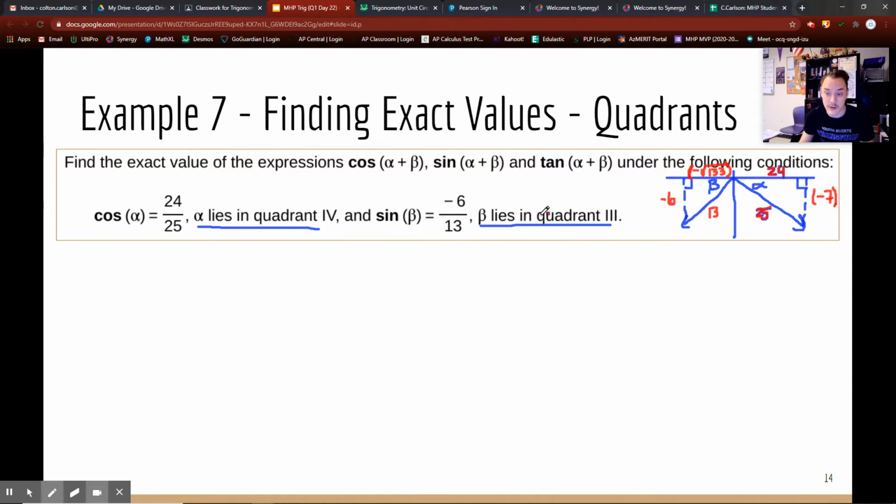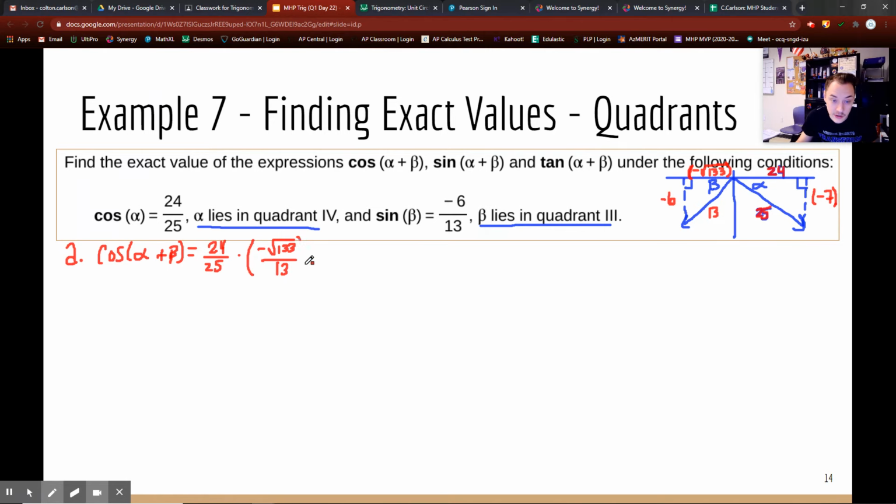And I'm going to show you how to do this, but I'm going to first do cosine. So now, let's do cosine first. Cosine of alpha plus beta. Okay, I'm going to go through this one a little bit faster. Cosine of alpha is 24 all over 25. Okay, and then cosine of beta is going to be negative radical 133 all over 13.